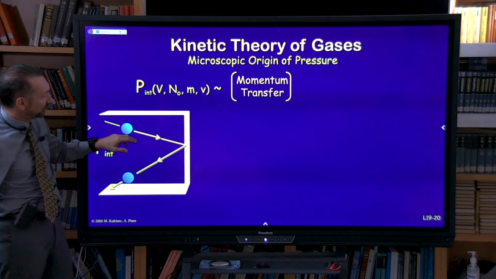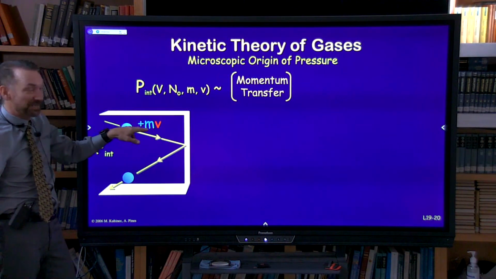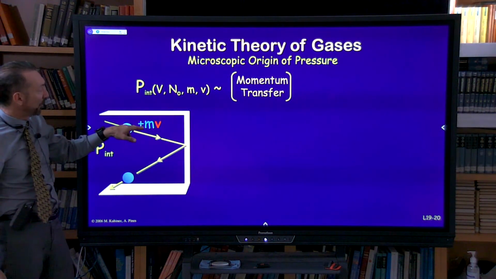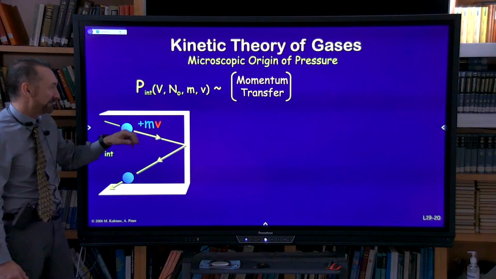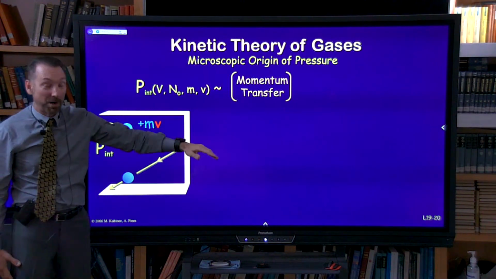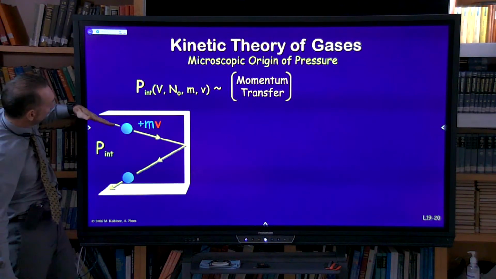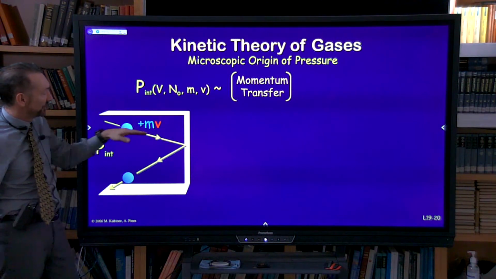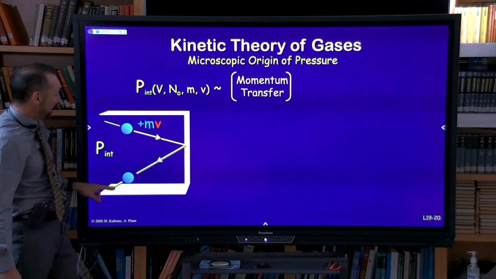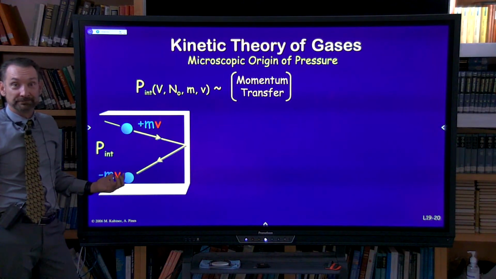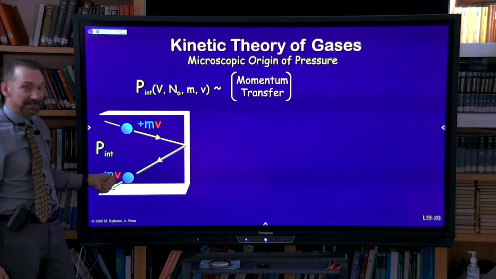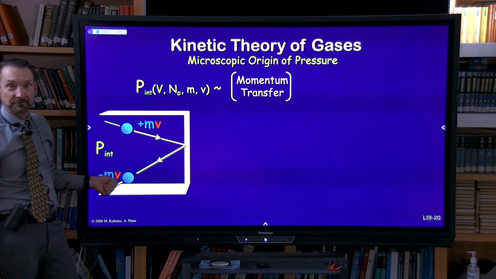And if the particle comes in with a momentum, and remember the formula for momentum is mass times velocity. It's a vector quantity. It has direction. And this one has direction in general towards the wall. And it leaves with something like the opposite of that momentum. Opposite because the velocity has the opposite sign now. It's going in the other direction.